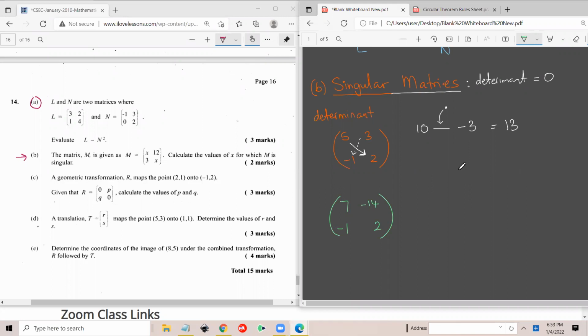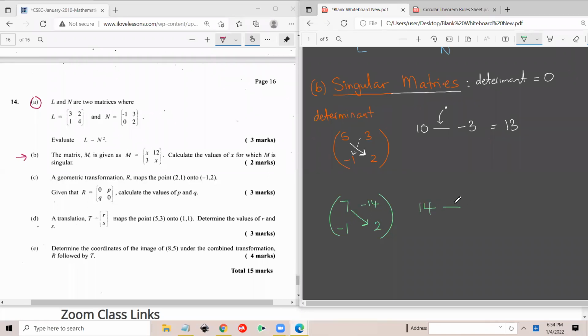Vishala, you say yes, it is a singular matrix. All right, so let's do the working. Let's see if there's any tricks in this question. One person says no. So half the class is saying yes and half the class is saying no. To find the determinant, we have to multiply this diagonal first. So 7 by 2 is 14.